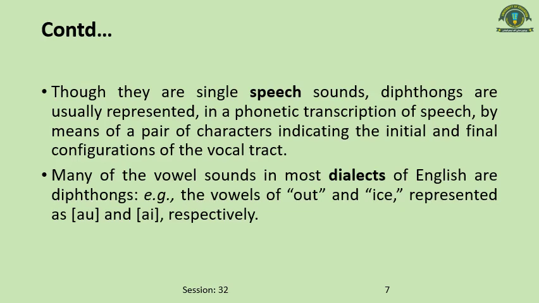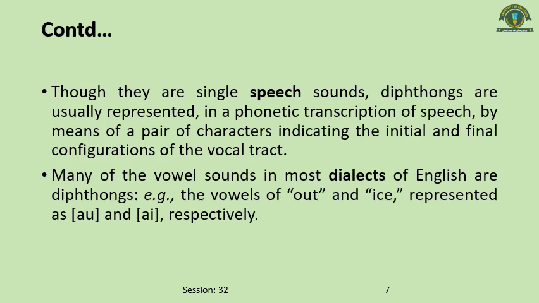Each diphthong is a single speech sound. You must remember that. In phonetic transcription, what happens in fact? They are always presented through a pair of signs. Two signs are there. But these signs are telling us what?